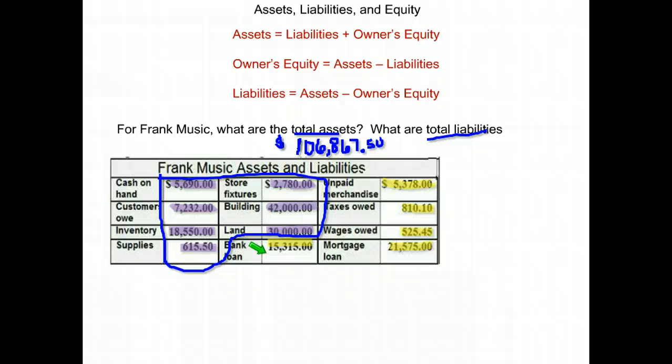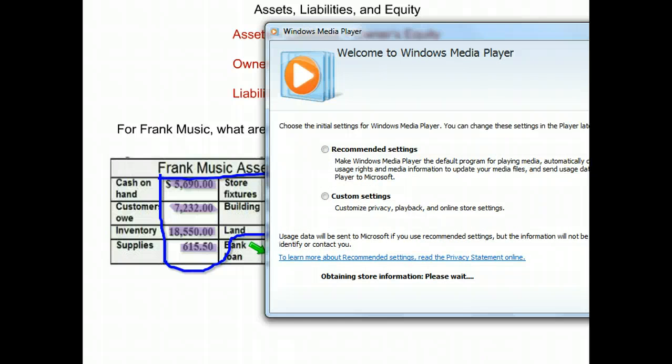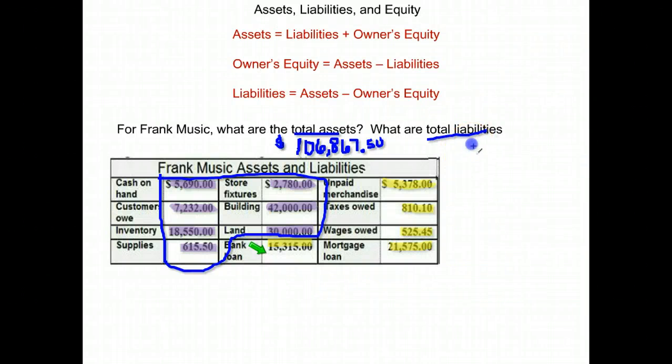Okay, that gives me total liabilities of $43,603.55. So we can see that our assets are more than our liabilities, which is a good thing.